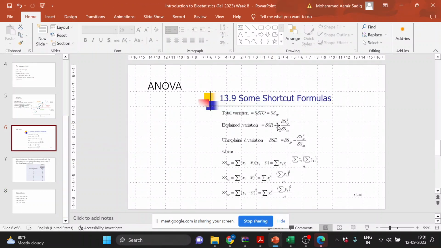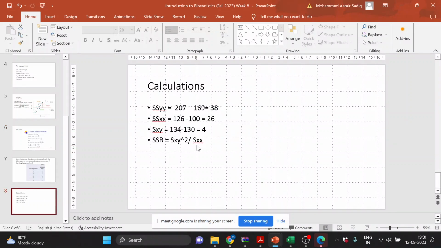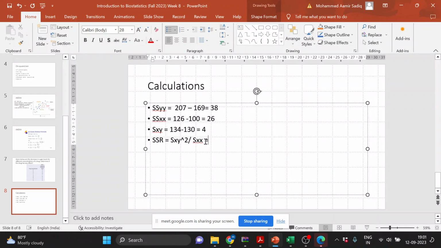So SXY squared by SXX is nothing but 4 squared divided by 26. So 16 by 26 is, what is 16 by 26?